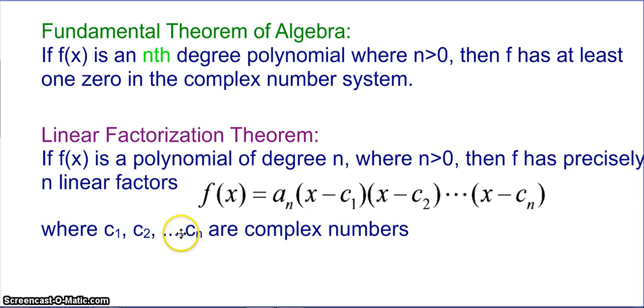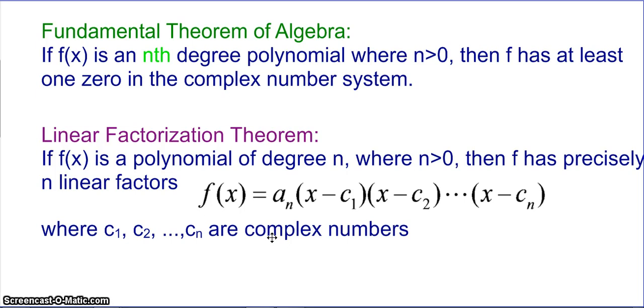And c sub 1, c sub 2, all the way up to c sub n are complex numbers. Again, don't get hung up on the complex number idea. What we're saying is that the complex number system is larger than the real number system and includes the real number system, so therefore they could just be real numbers also, but that means they're complex numbers as well.